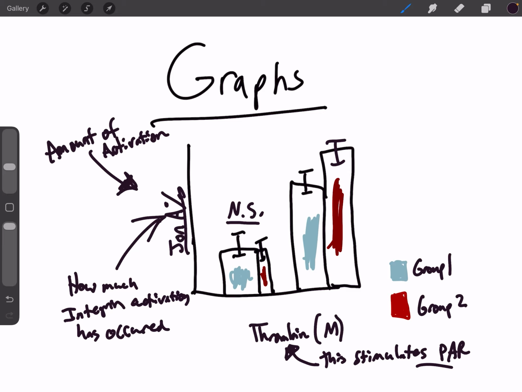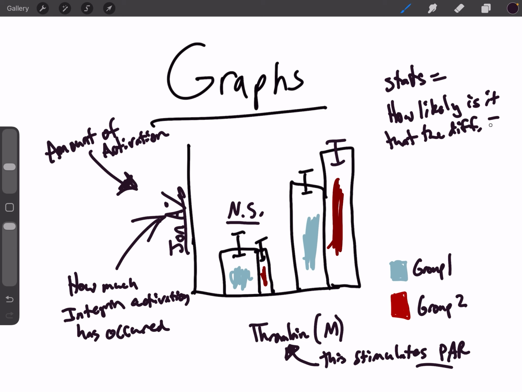Why I'm saying that is because all that stats is doing, at least what you'll usually run into, is how likely is it that the differences I see are due to chance.